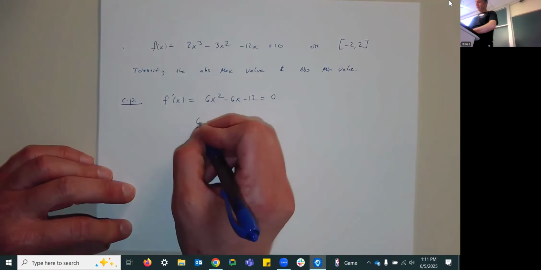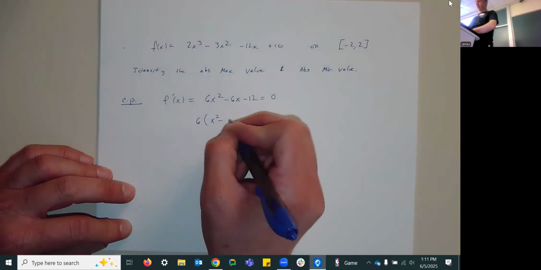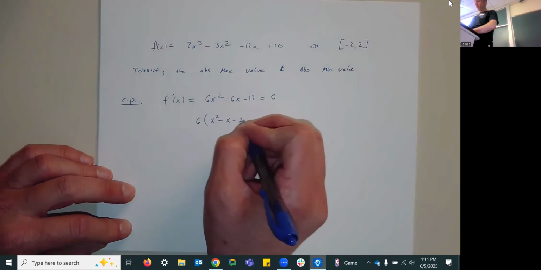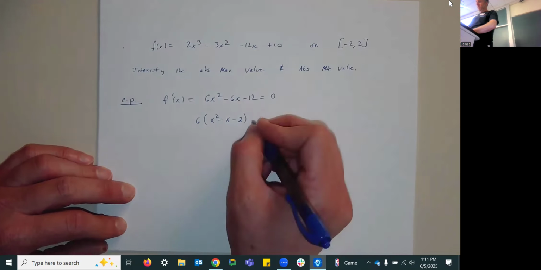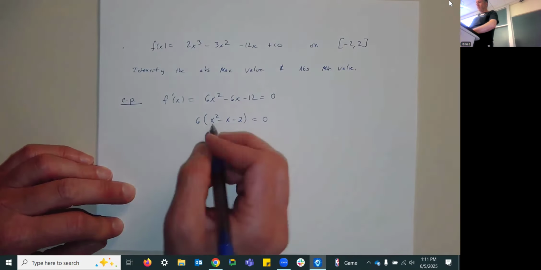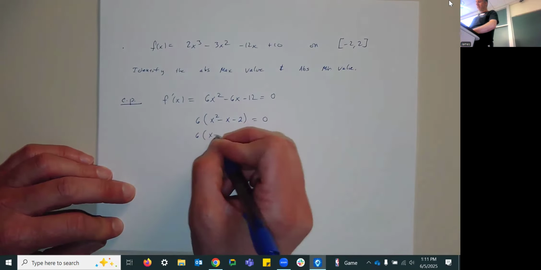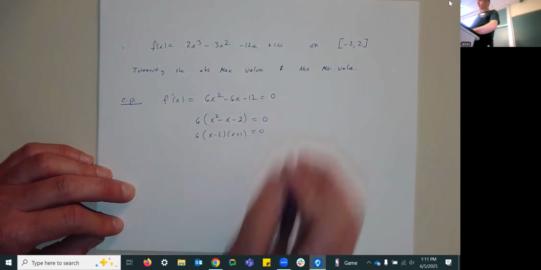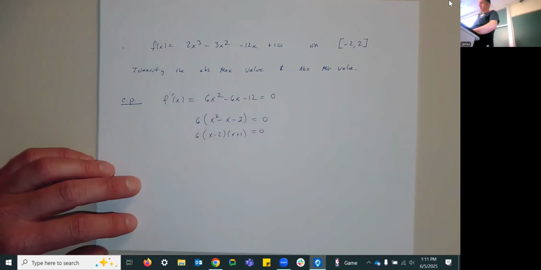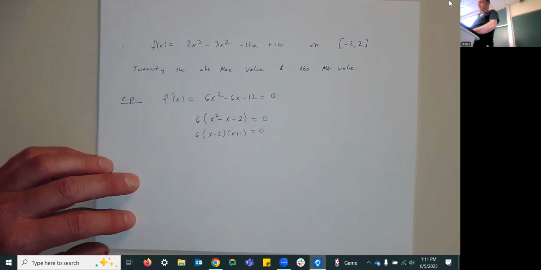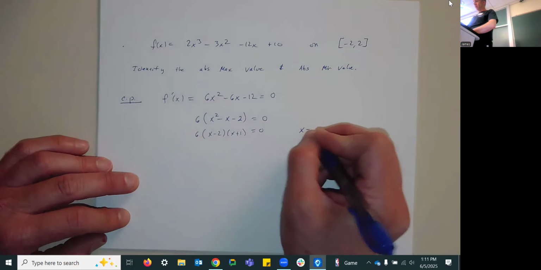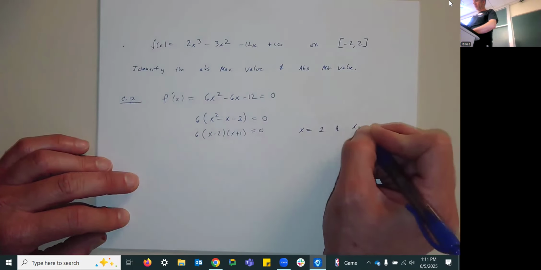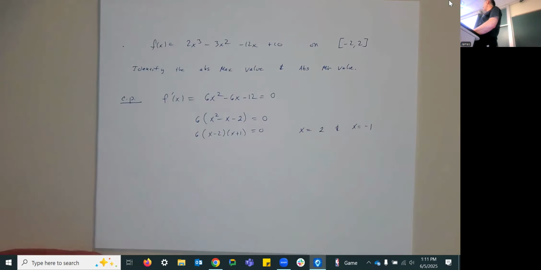So we can factor out the 6, left with x squared minus x minus 2 equal to 0. And then we can factor that further as x minus 2 times x plus 1 equal to 0. And then our critical points are x equal to positive 2 and x equal to negative 1, which both happen to be in the interval.